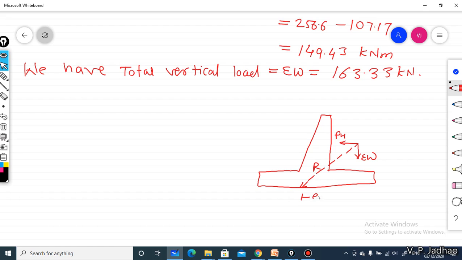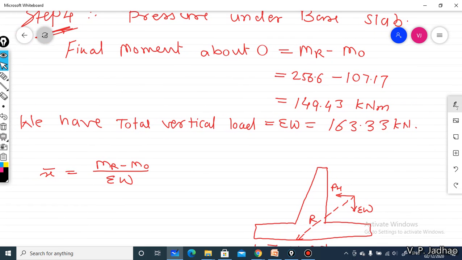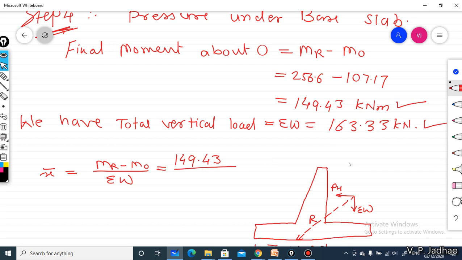Then this distance is the eccentricity from the face of your stem. This distance is x bar. This distance x bar is given by Mr minus Mo, that is resisting moment minus overturning moment, divided by summation of W. We have already calculated the value of Mr minus Mo equal to 149.43 kilonewton meter, divided by summation of W, which is 163.33.